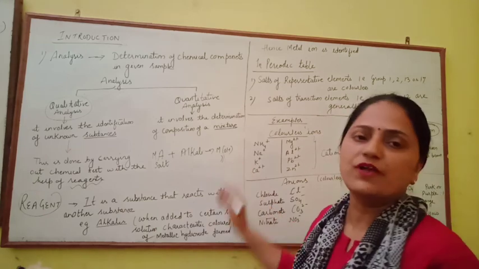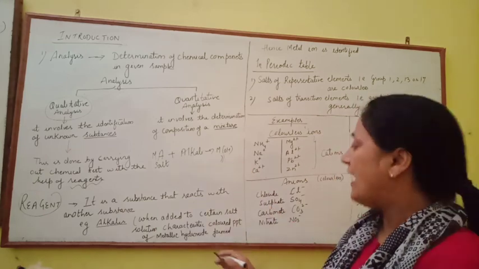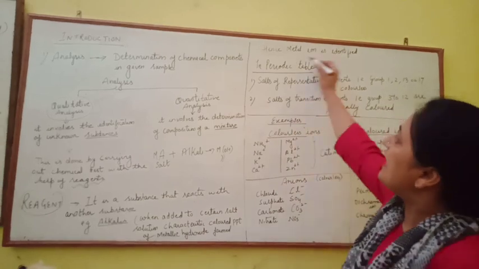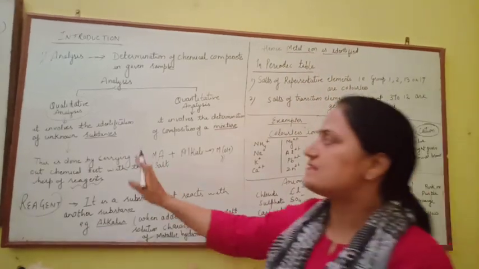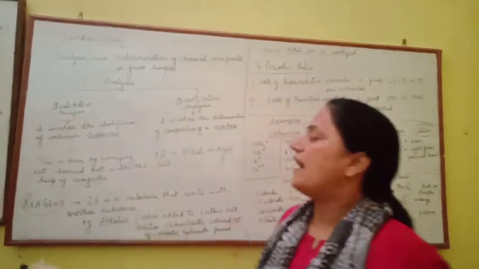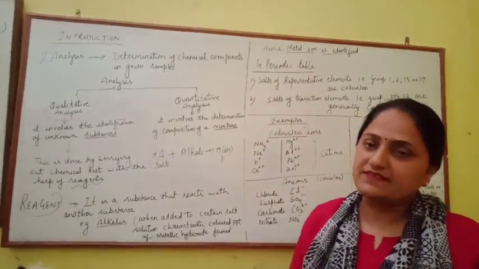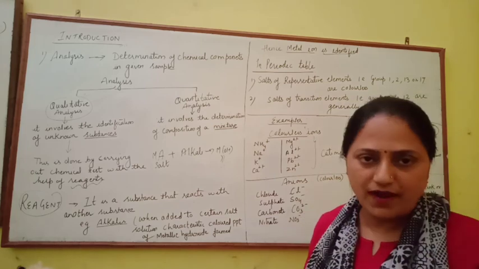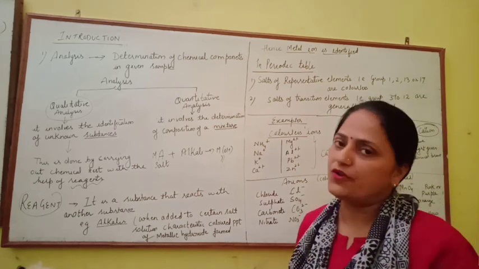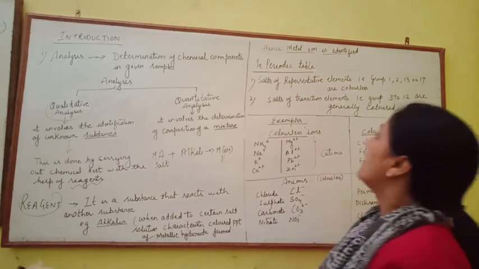This is what we are going to discuss in this chapter, and hence the metal ion is identified by this process using reagents. In this chapter we will use two reagents: one is sodium hydroxide and the second is ammonium hydroxide.